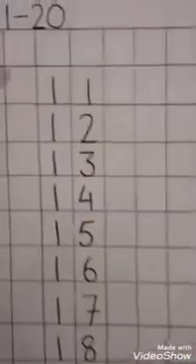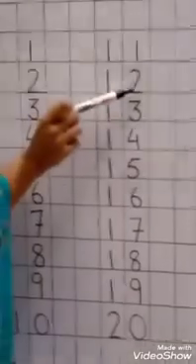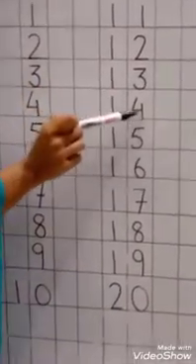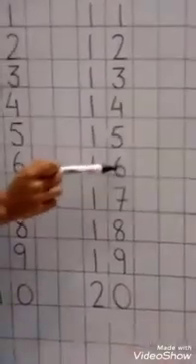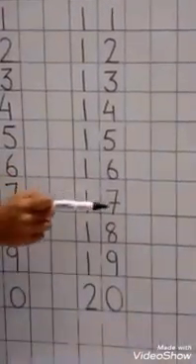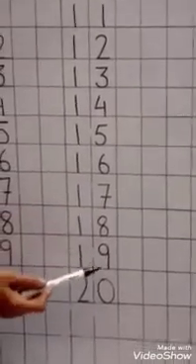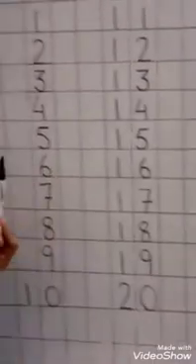And what comes after 10? 11. 1, 1, 11. 1, 2, 12. 1, 3, 13. 1, 4, 14. 1, 5, 15. 1, 6, 16. 1, 7, 17. 1, 8, 18. 1, 9, 19. And 2, 0, 20.